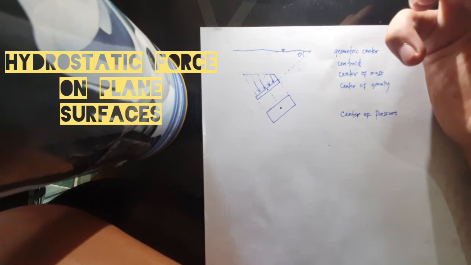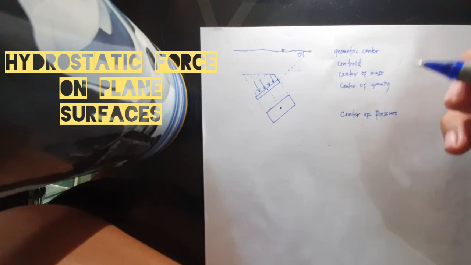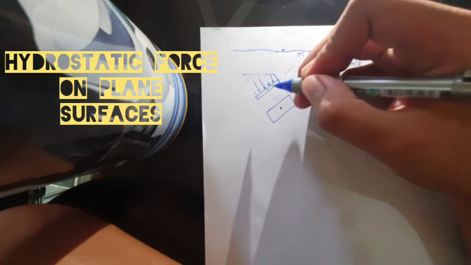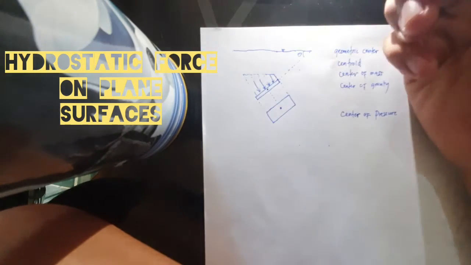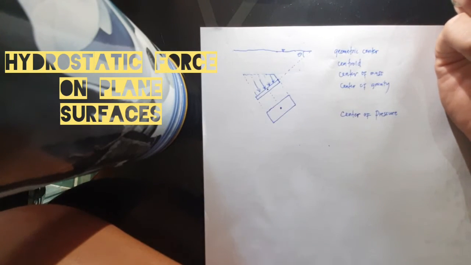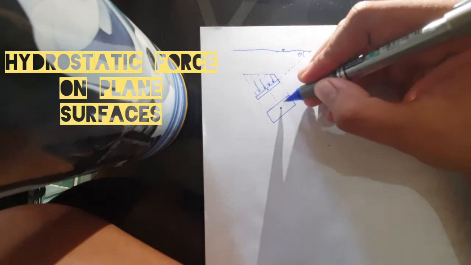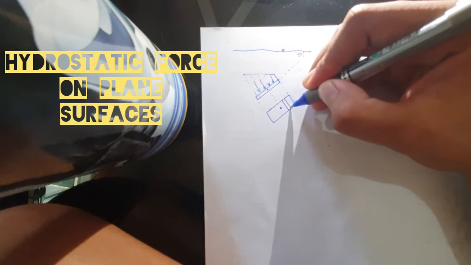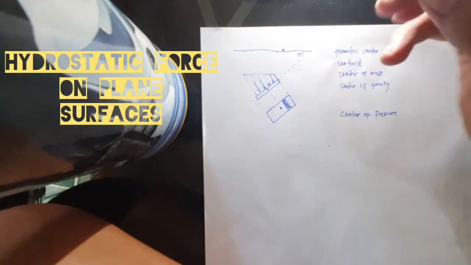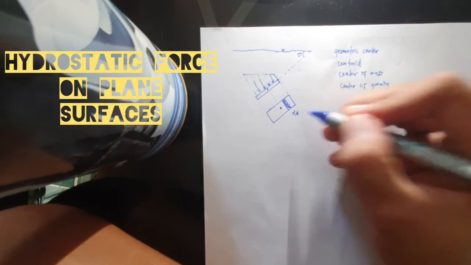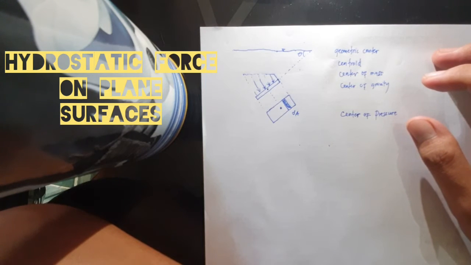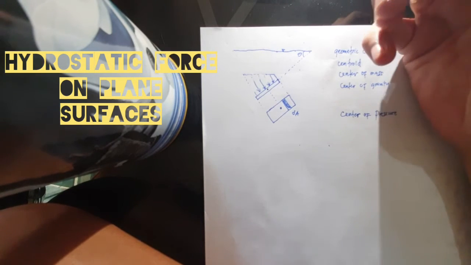Okay, so now we take a strip of area. Let us denote this as dA, the derivative of A, which we will integrate.